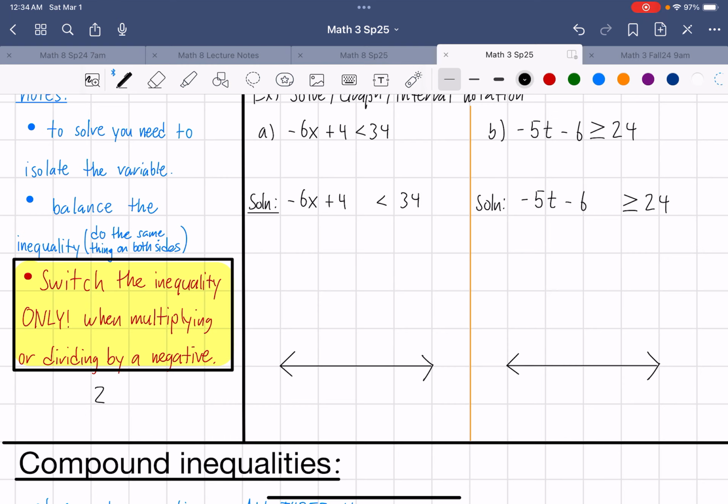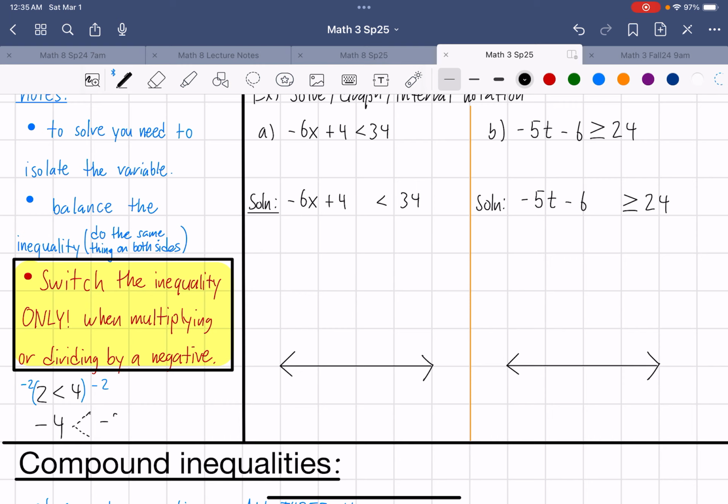I can have 2 smaller than 4, which we know is a true statement. But if I go ahead and multiply 2 by negative 2 on the left, and then 4 by negative 2 on the right, that leaves me with negative 4. And I'm going to put tallies because we don't know if that one's going to stay.